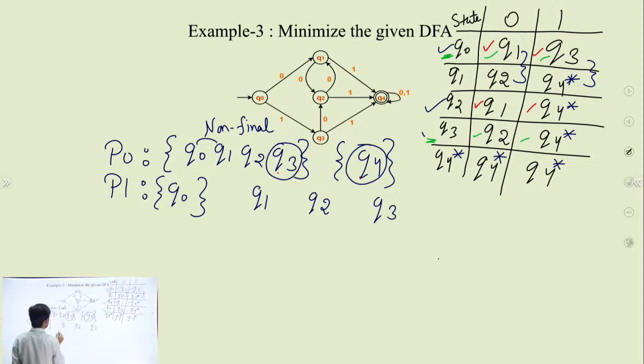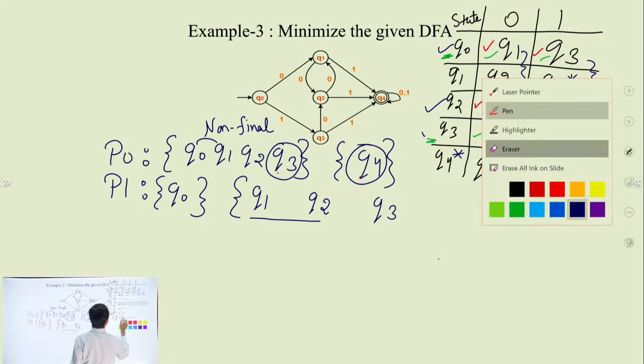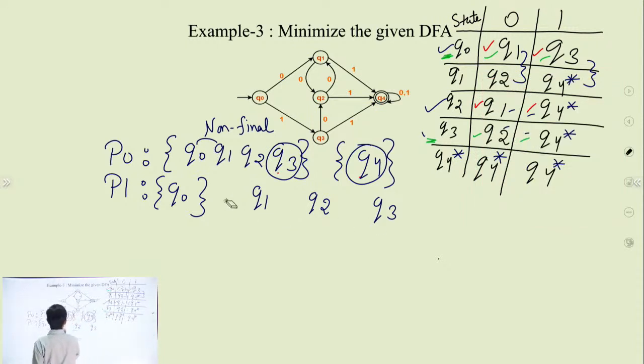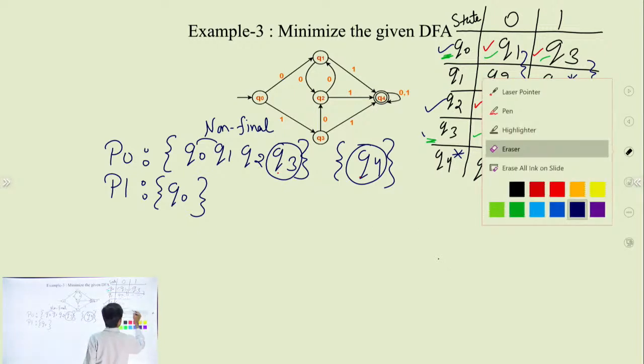Now see Q1 and Q2. Q1, Q2 belong to the same set, Q4, Q4. So these two states must be combined. See Q2, Q3: Q1, Q2 same set, Q4, Q4 same set. So these three states are combined. So we rewrite it again, Q1, Q2, Q3. These states must be combined.